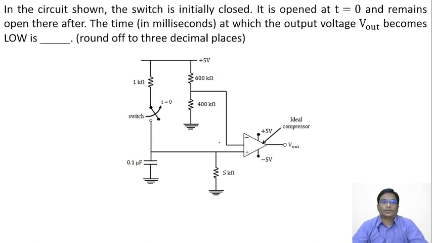The circuit shown, the switch is initially closed and it is open at t equal to 0 and remains open thereafter. The time in milliseconds at which the output voltage Vout becomes low is, okay, time they're asking, time at which output voltage becomes low.